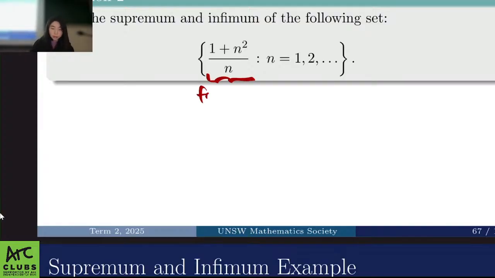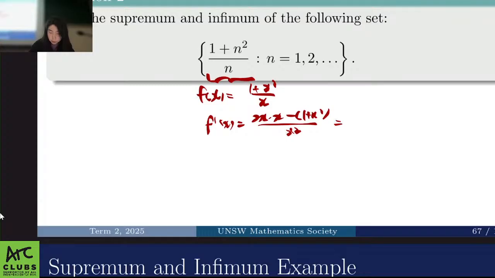So if we let f(x) be equal to 1 plus x squared over x, or f(n), then f'(x) is going to be equal to 2x times x minus (1 plus x squared) divided by x squared, which is equal to (2x squared minus 1 minus x squared), which is just (x squared minus 1) over x squared.